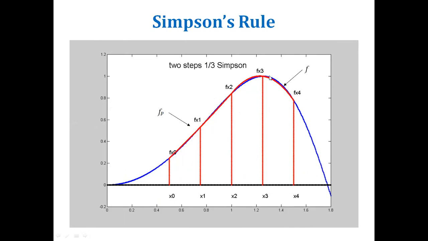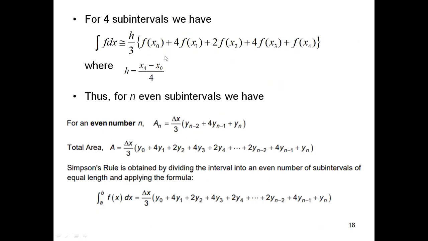Okay, you have this. So it's more accurate, of course, than the trapezoidal rule because the ends are curved, not lines. So your formula would be something like this. Now, notice, first and last terms have no multipliers. But in the middle, you have an alternate of 4, 2, 4.